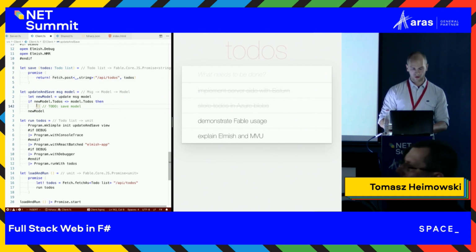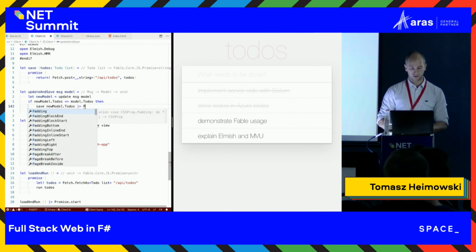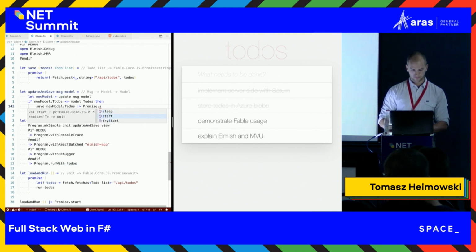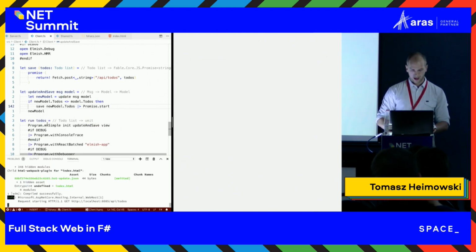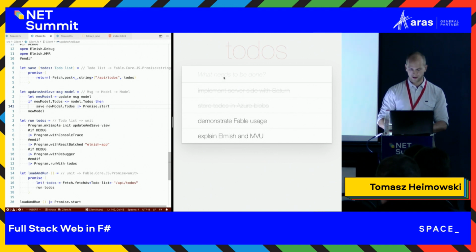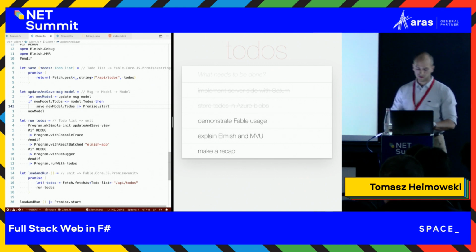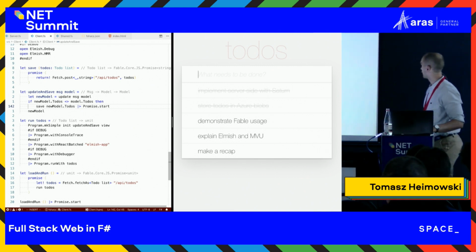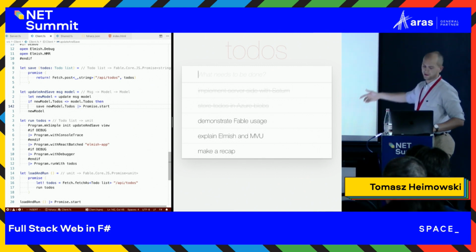And all I need to do is to invoke that save with model to-dos and do promise.start. So if I recompile that, hopefully now if I add a new to-do over here, click enter, it's added to the list, and if I click refresh, it's still there. You can barely see that.